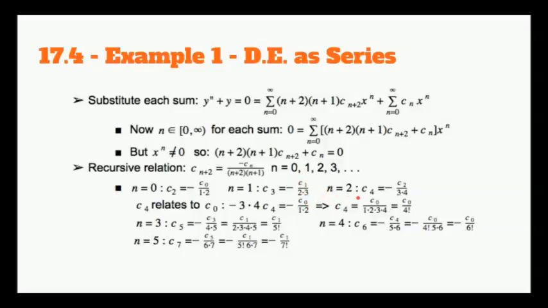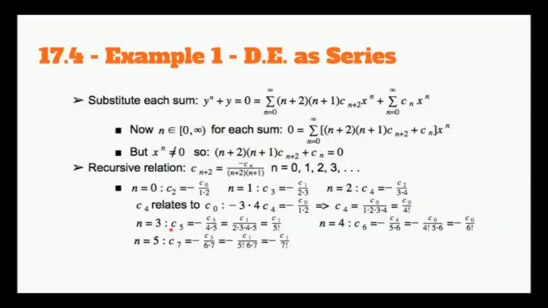And when n equal to 2, c4 equal to negative c2 over 12. c4 relates to c0, so c4 equal to c0 over 1 times 2 times 3 times 4, which is equal to c0 over 4 factorial.